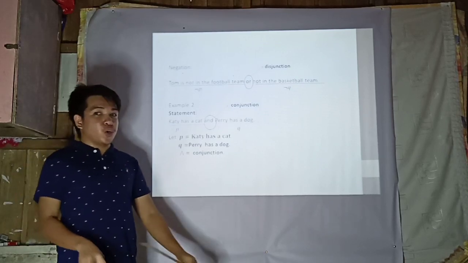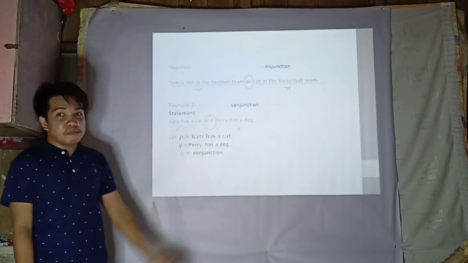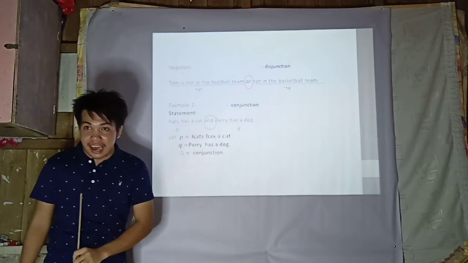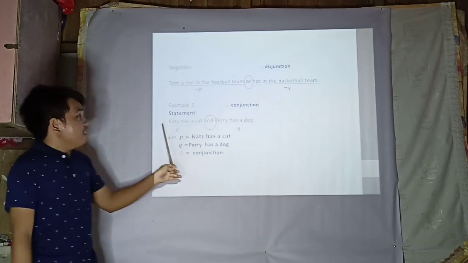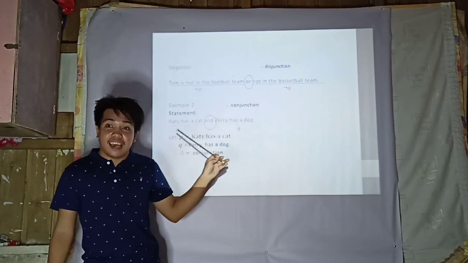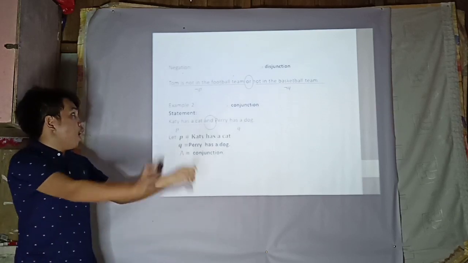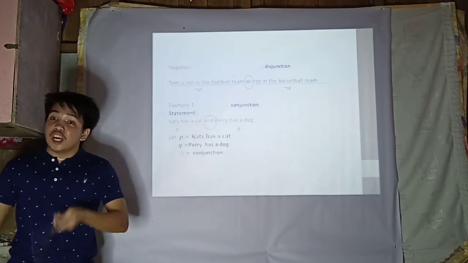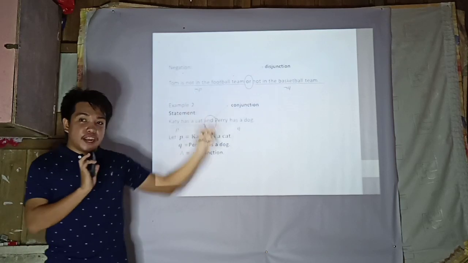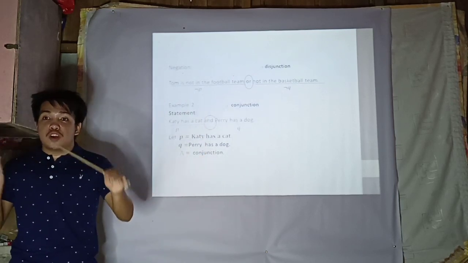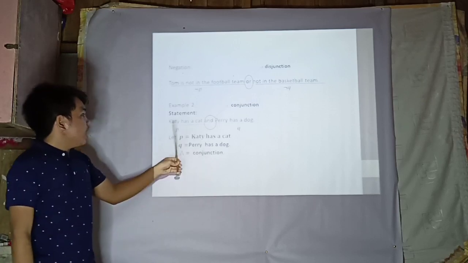So here's another statement: Katie has a cat and Perry has a dog. It is obvious that it is a true statement and it is not negated. We follow the formula that we applied to the first statement to come up with the negation.